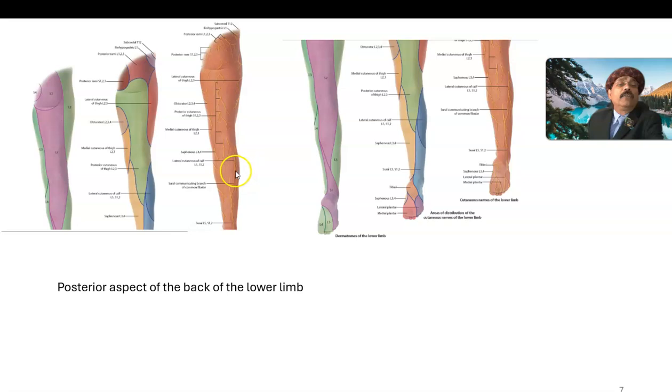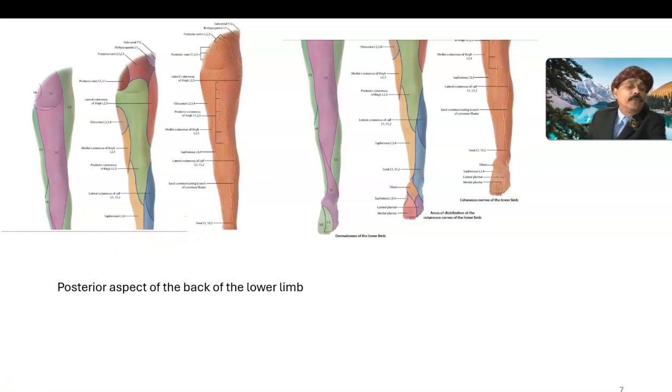And we get the lateral cutaneous nerve of the calf here. And this is the sural nerve, typically a branch of the tibial nerve, and the lateral cutaneous nerve of the calf is a branch of the common fibular nerve. That is the site here.